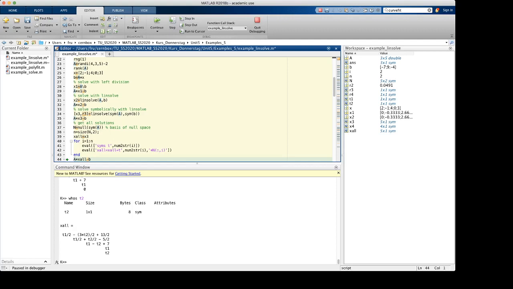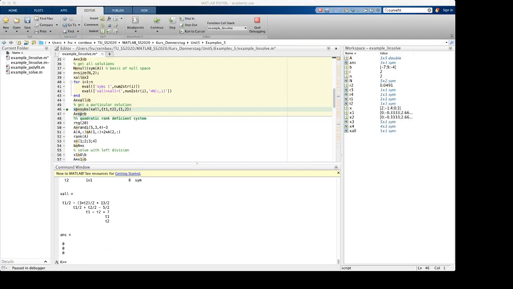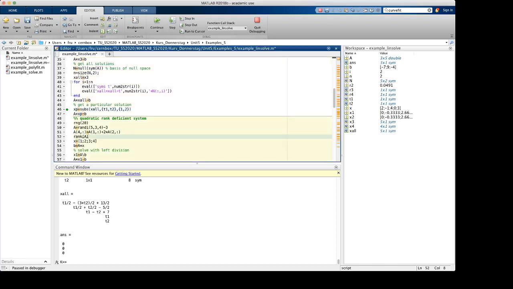Now we check whether this is really a solution. We multiply from the left with A and subtract B, and this should be exactly 0, which is indeed the case. If we now substitute some arbitrary numbers for t1 and t2, we get again a particular solution.